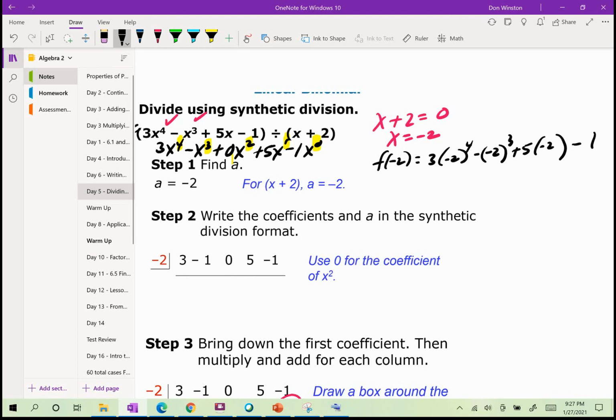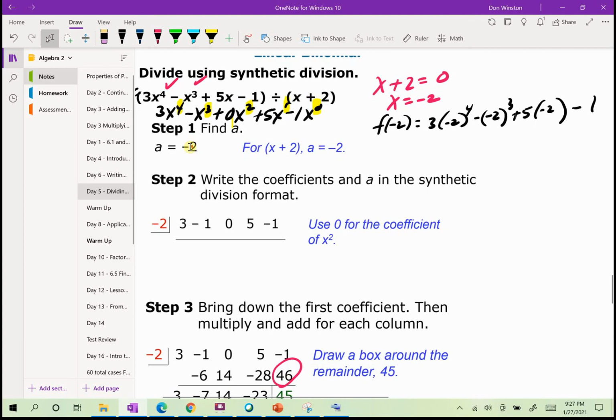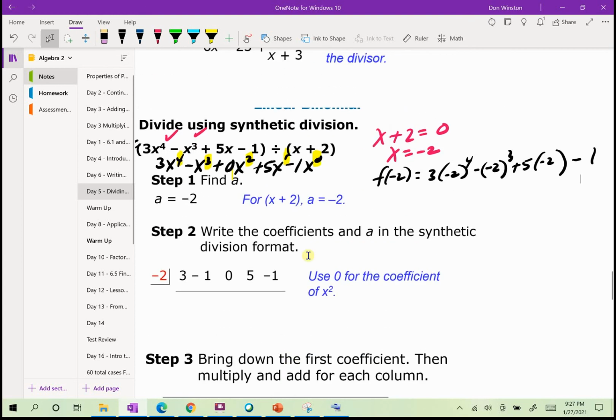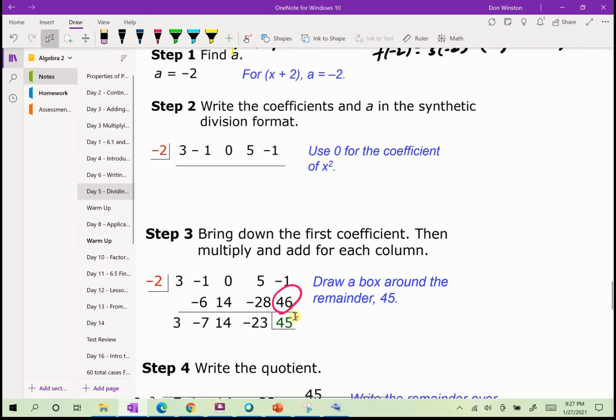I should get the same remainder that I got when I did synthetic division. My remainder here was 46. So if I take that potential 0 and substitute it into the original polynomial, that's called synthetic substitution, I should get the same remainder.